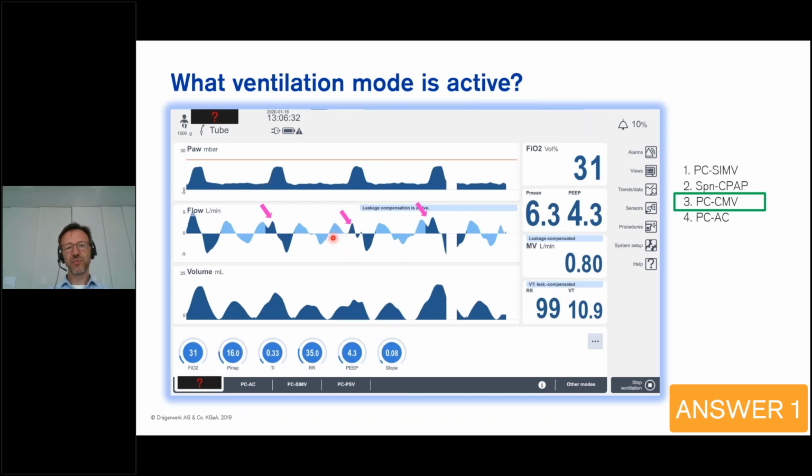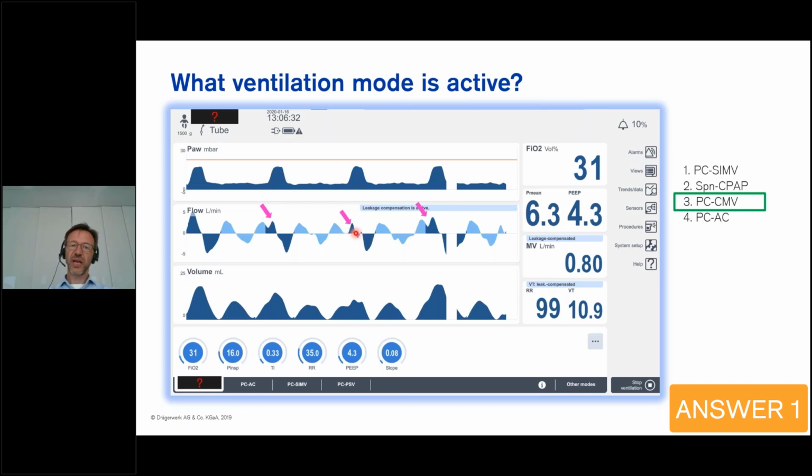Here there's an even more extreme case. This patient has taken an inspiration and here just wanted to start the expiration when the ventilator kicks in and gives a mandatory inspiration. In this respect, the ventilator is not very successful because the patient is fighting against the ventilator and wants to exhale.